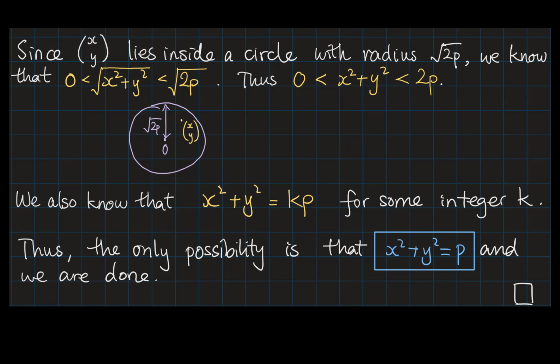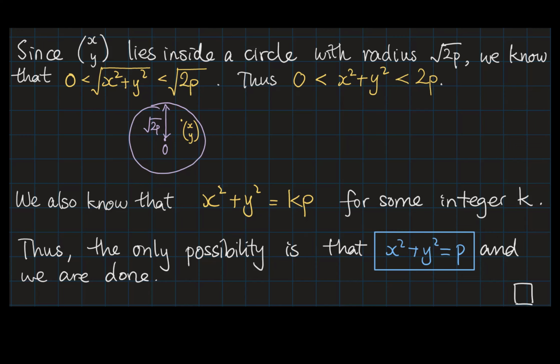So then if you suppose that you could write x squared plus y squared being equal to p, you know x squared can only be either 0 or 1, because every number when it's squared is either 0 or 1 mod 4. Same goes for y squared. So the only possibilities we're left with are 0 plus 0, 0 plus 1, 1 plus 0, or 1 plus 1.